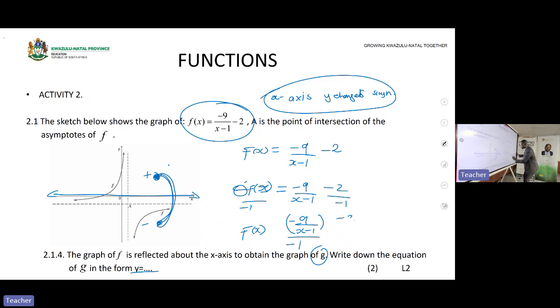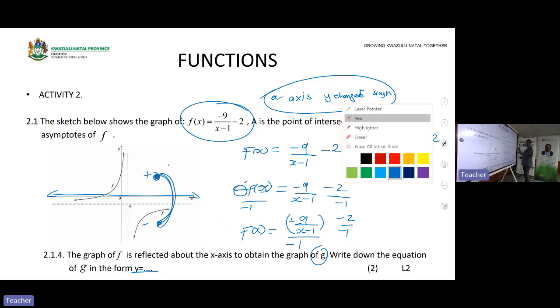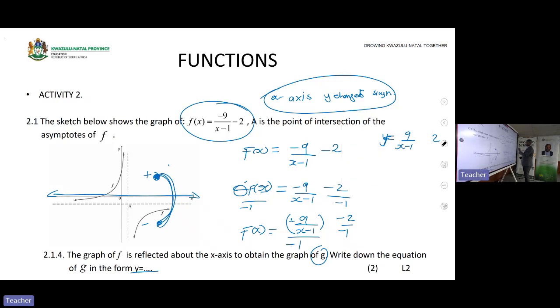So it's going to be -2 divided by -1, which is going to change our sign for 9, and -2 divided by -1 is going to be +2.